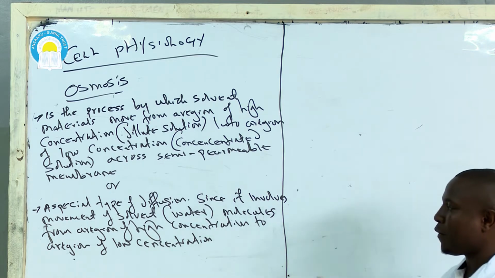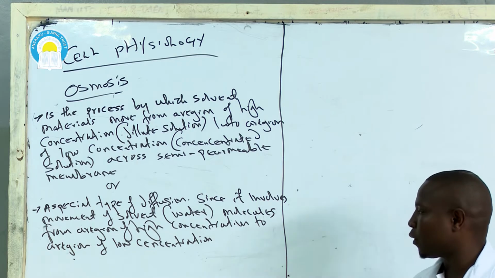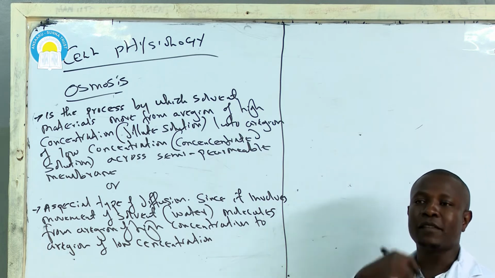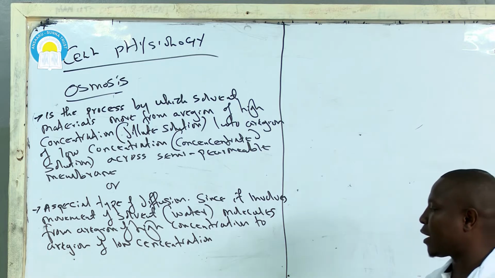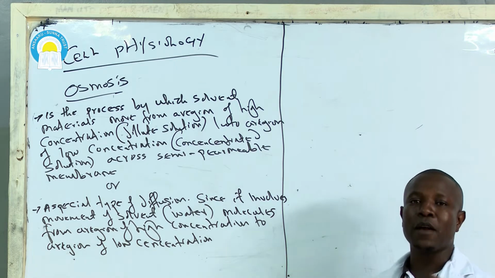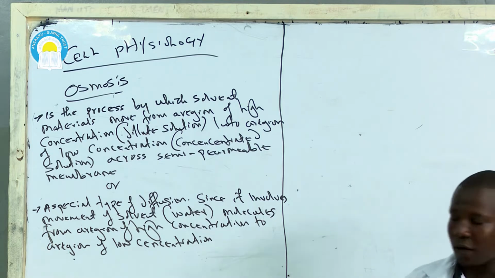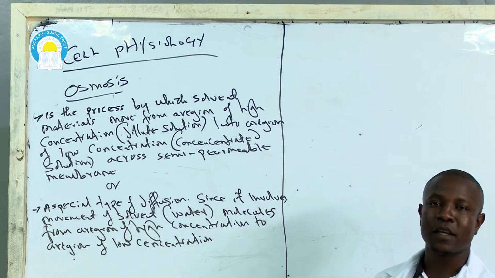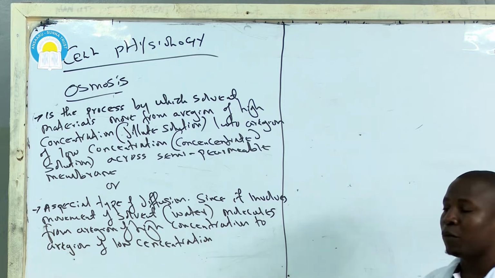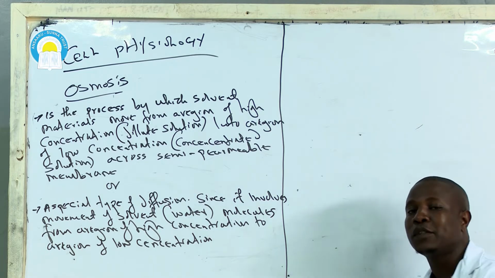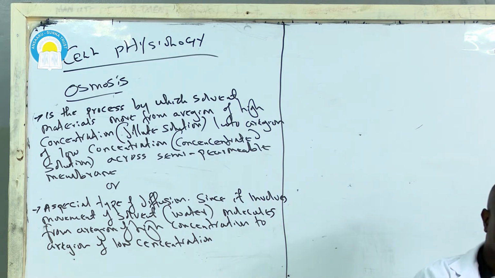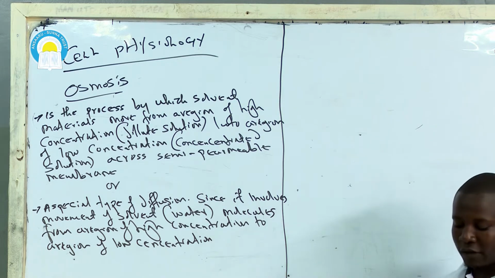That means we have two types of solutions. One, we take just distilled water, and number two, we take water and add a solute. You can add salt or sugar to make it highly concentrated. So you will see the water molecules moving from distilled water into salty water. That's how osmosis works.